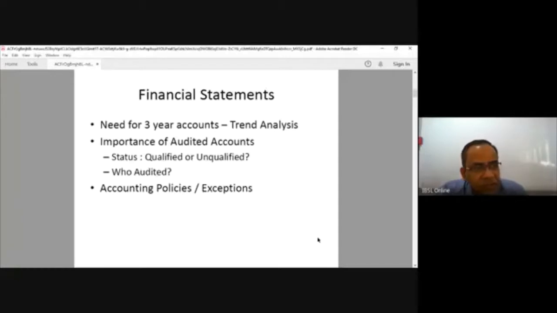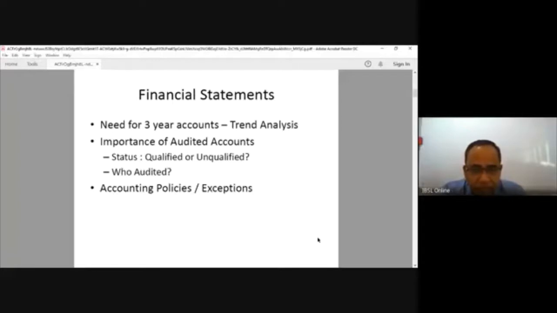There are many other small firms also. There are some unqualified accountants also who do the accounts and get them signed by somebody. That also is in the market. So we have to be careful about who has audited. That is also important for us, right?